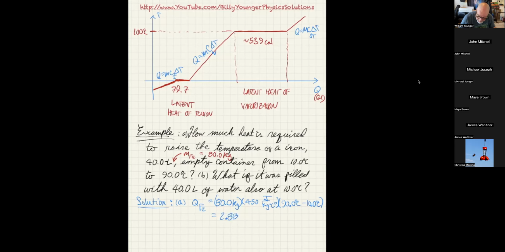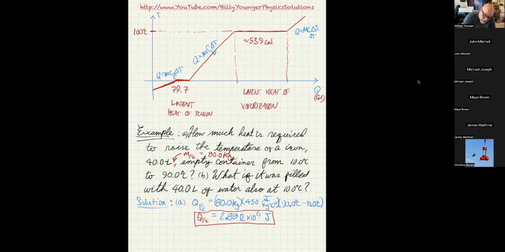I'll carry one extra sig fig, which is a 0. I think you can see that all the units canceled out except for the joule on top. So Q for the iron alone is in fact 2.88 times 10 to the 6 joules.